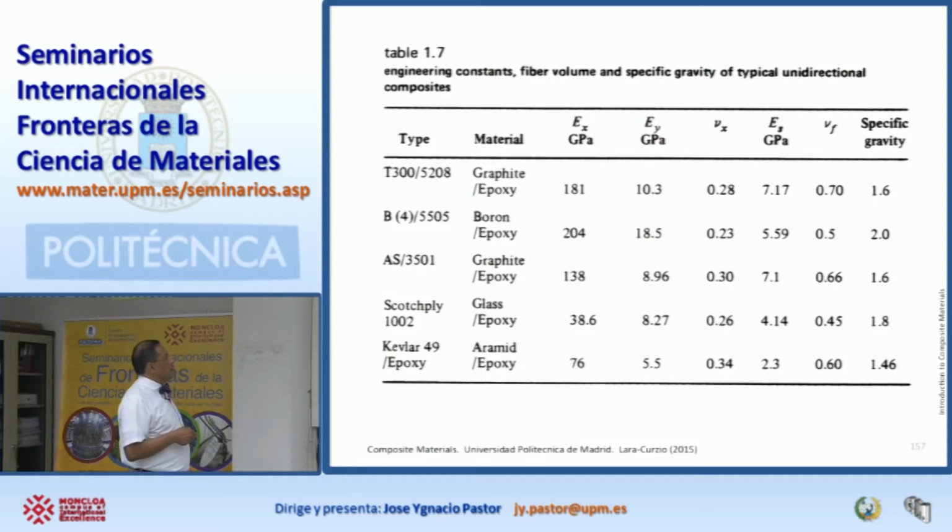And remember that there are many types of fibers. So you have these T300 fibers. You have these AS fibers. Or why can't we use Kevlar, or can we use a Scotch ply? And if you see, depending on the material, the values of stiffness are going to be different. This material happens to be very stiff. These are boron fibers in epoxy, okay?